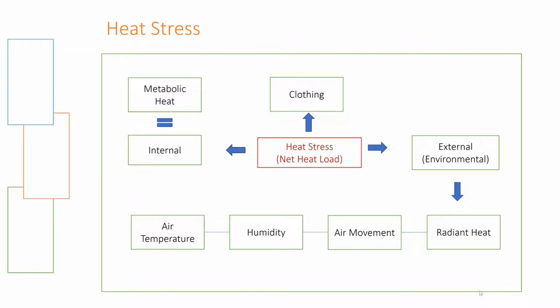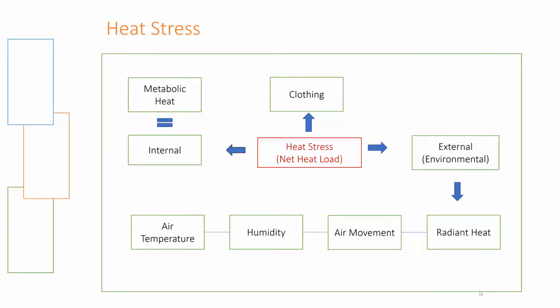Heat stress can also be a result of the internal environment, or what you call metabolic heat. Metabolic heat comes from, of course, metabolism. Metabolism is the total sum of all the chemical reactions taking place in your body. So when you are running a little bit more, there's a lot more chemical reactions taking place, and there can be a lot more heat being generated.